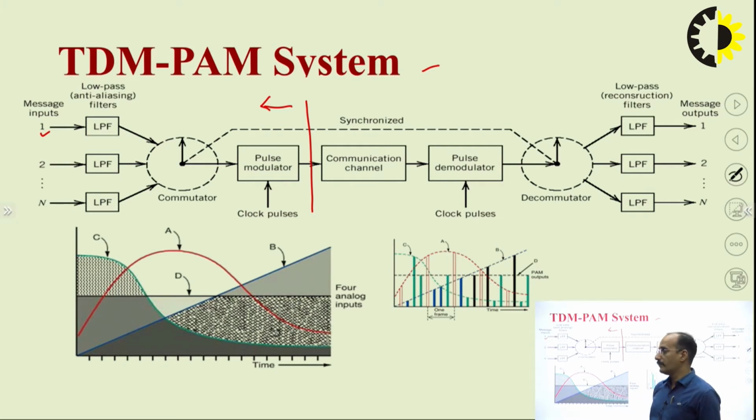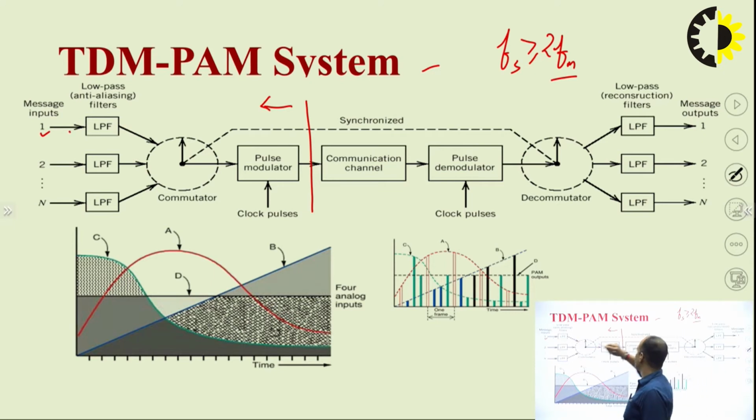If the message input frequency is Fm, then the sampling frequency Fs should be greater than or equal to twice the message frequency.